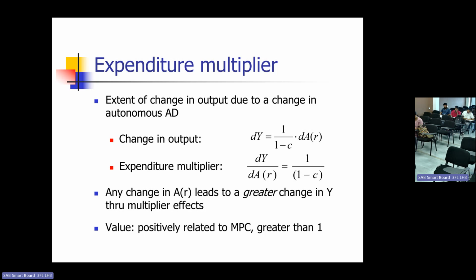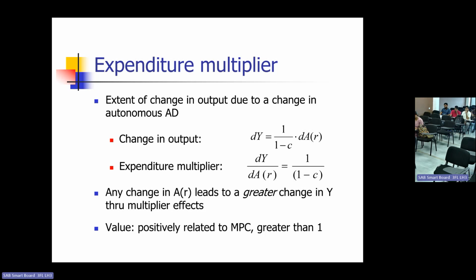Now if you look at this autonomous expenditure multiplier, for the investment multiplier in our model, it is 1 over 1 minus C. C means the marginal propensity to consume, C1. When C changes, the multiplier also changes. When C increases, MPC increases, what happens to the multiplier?